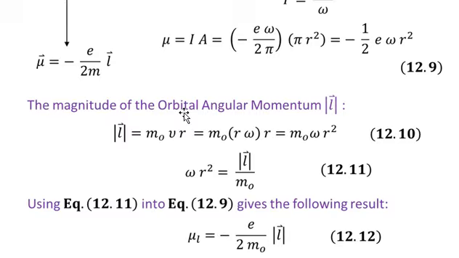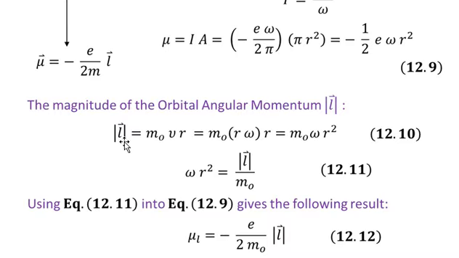The magnitude of the orbital angular momentum L is given by, you know that L is equal to m naught v cross r. This is the classical definition. If you take the magnitude of the vector L, you have m naught v r. Otherwise, the definition is r cross p or r cross v, which is the vectorial form of the angular momentum.